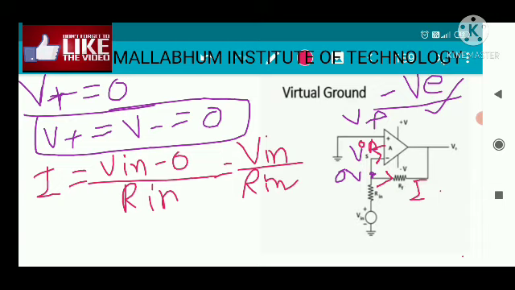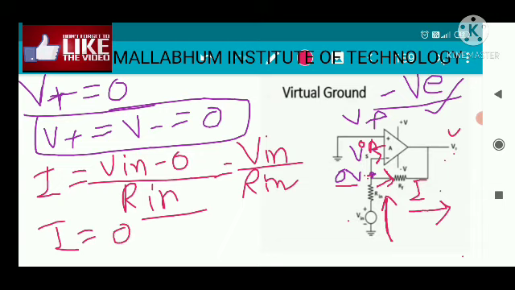The current I can also be represented in terms of the output. This is V0 and this is 0 volt. This current flows through here and this current also flows through here. So I write this current equation as V in minus 0 divided by R in, and the other as 0 minus V0 divided by RF.